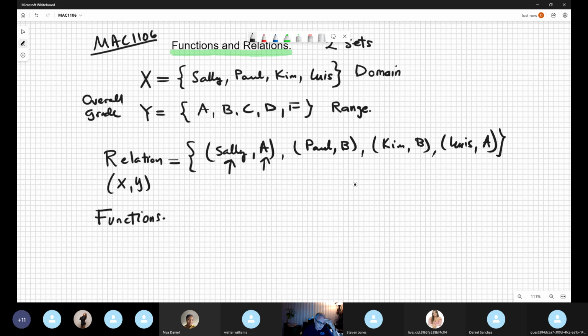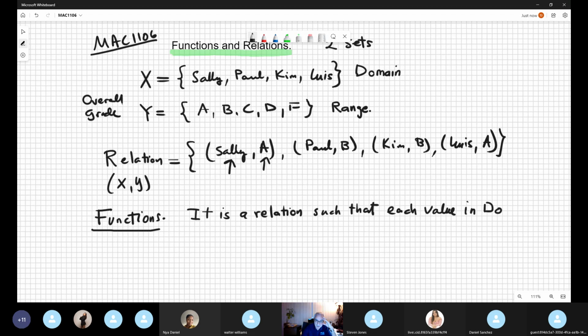And after we see, I promise, an example to understand more clearly. A function by definition is a relation, exactly as we saw before, such that each value or element, in this case element, each value in the domain, the first set, is associated with only one value in the range.